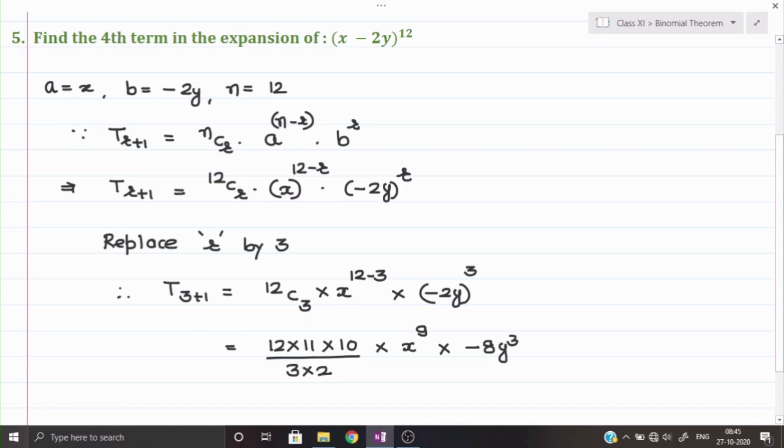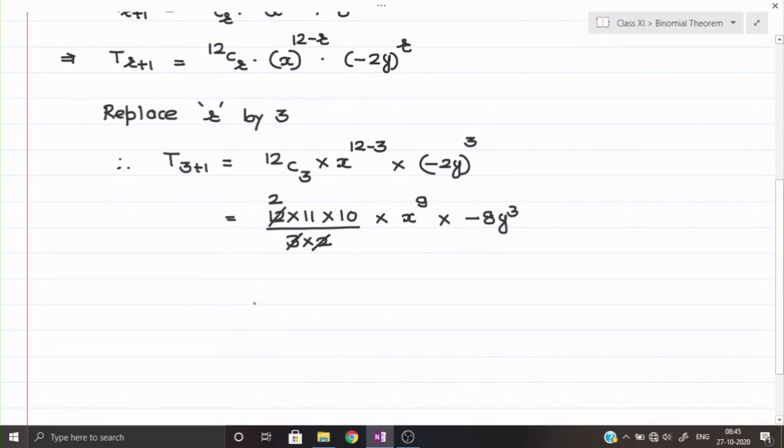Okay, now 3 into 2 is 6, and 6 2s are 12, so 11 into 2 is 22, 220. So finally we will get here 220 multiplied by minus of 8, this one I should put in the bracket, into x to the power 9 into y cube.